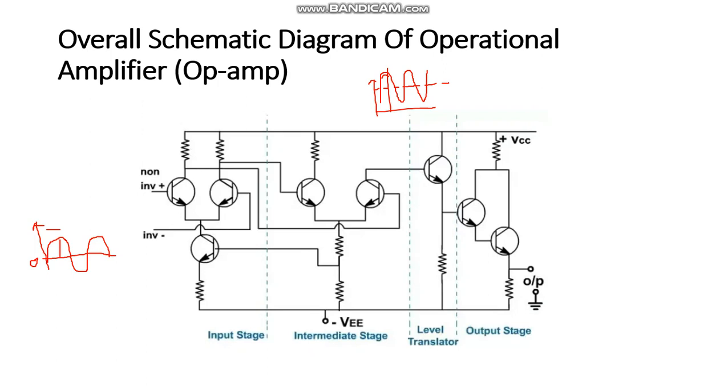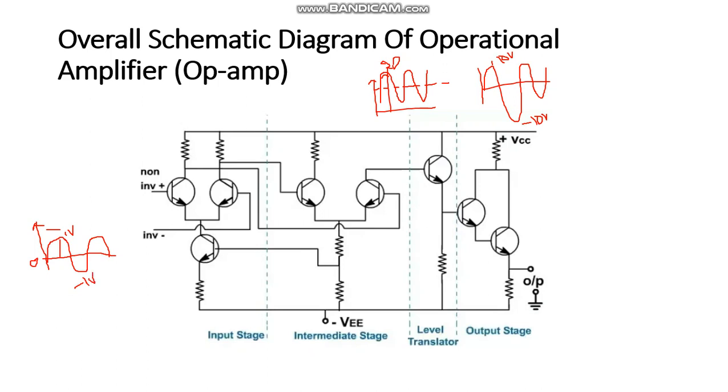Actually this is 1 volt, this may be 10 volt. If you increase it to 10 volt, you will get 20 volt here. So in order to convert this, this is 10 volt, 10 volt minus 10 volt. So here 1 volt minus 1 volt.